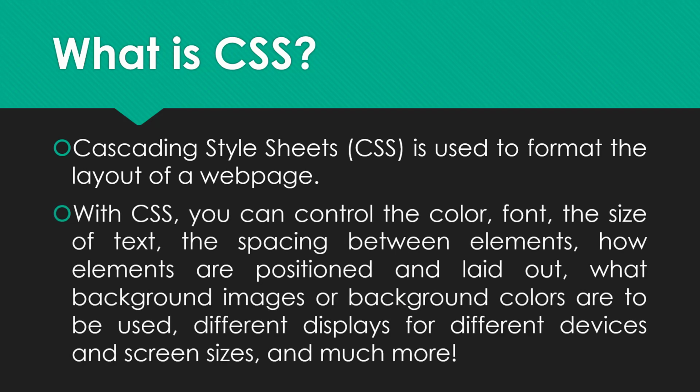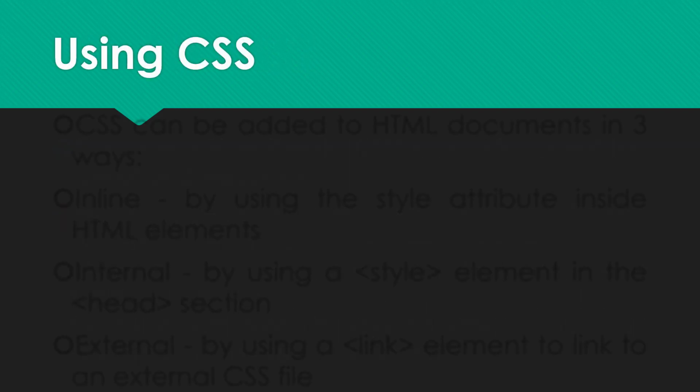With CSS, you can control the color, the font, the size of a text, the spacing between elements, how elements are positioned and laid out, what background images and background colors are to be used, different displays for different devices and screen sizes, and much more. So in simple terms, we use CSS to work on the appearance of our web applications or of our web pages.